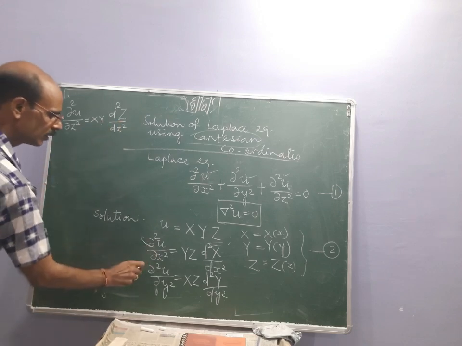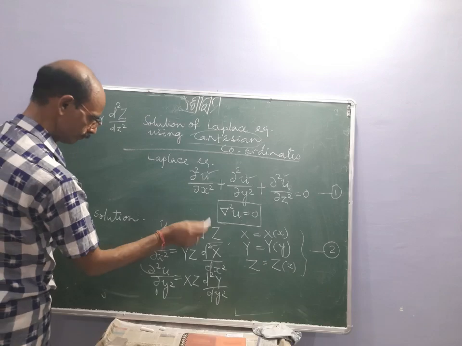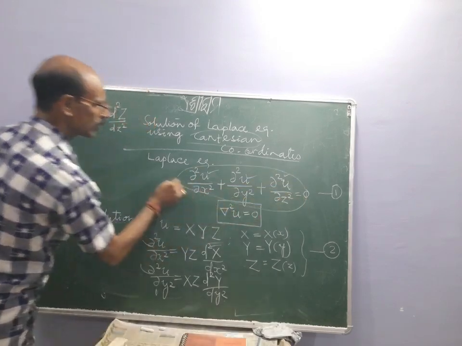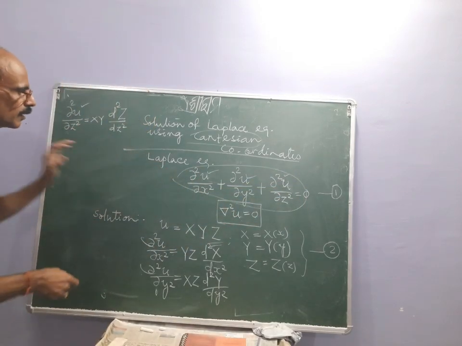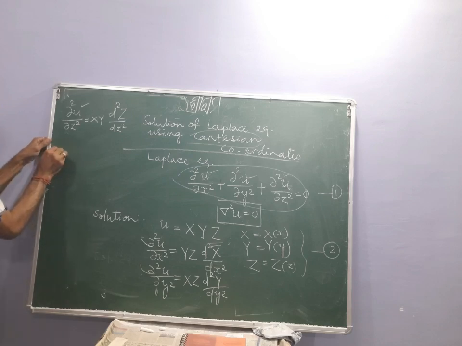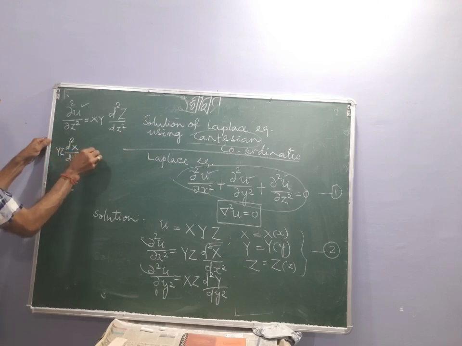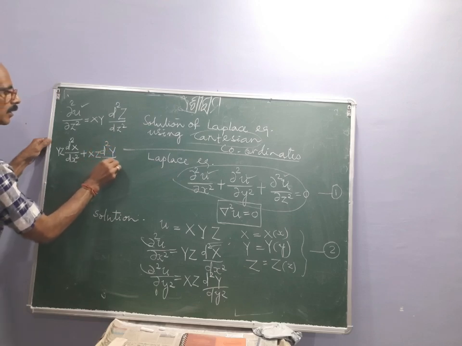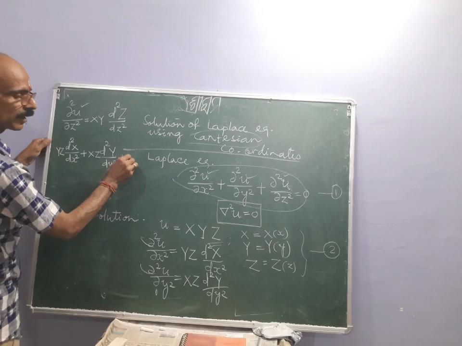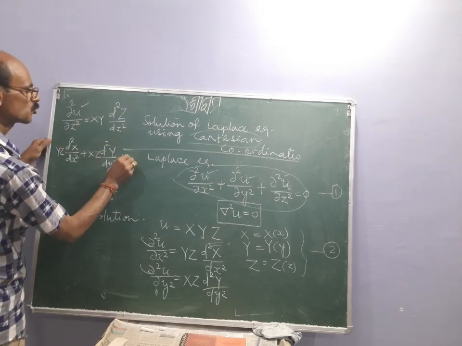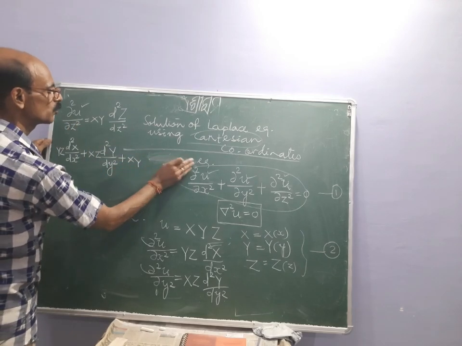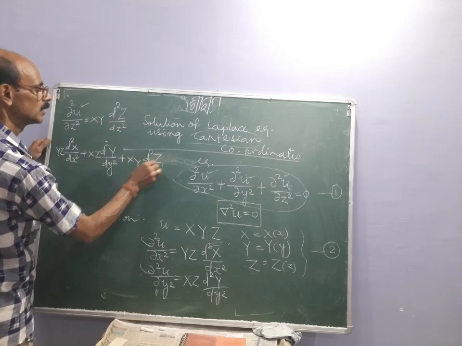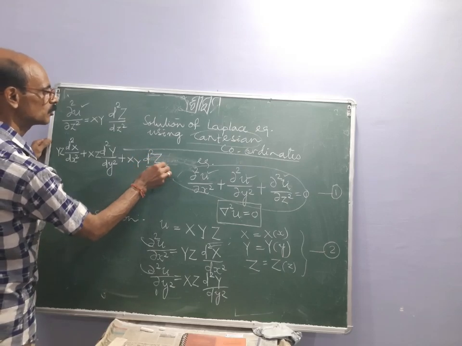Now use these three in equation number 1. Using these three in equation number 1, we will obtain YZ d square X by dx square plus XZ d square Y by dy square plus XY d square Z by dz square is equal to 0.